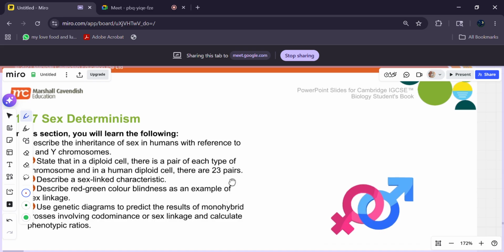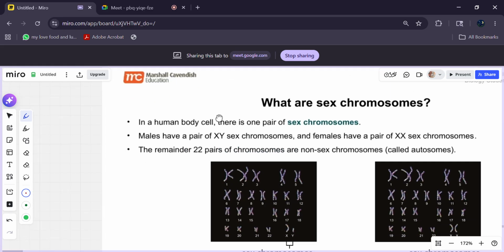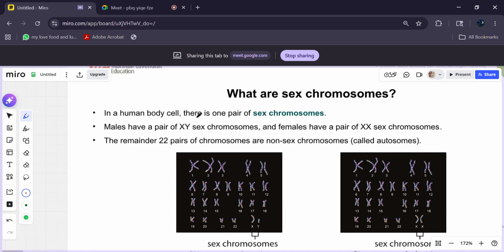So let's move on. In the human body, there is one pair of sex chromosomes. In males, the pair of sex chromosomes consists of one X chromosome and one shorter Y chromosome. Females have a pair of X chromosomes in each normal body cell. The remainder of 22 pairs of chromosomes are non-sex chromosomes called autosomes.